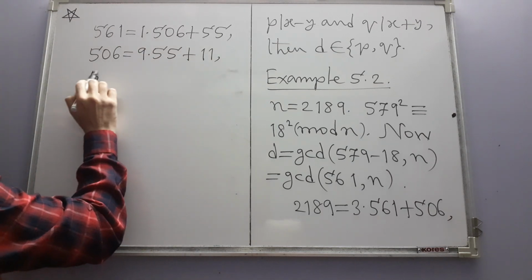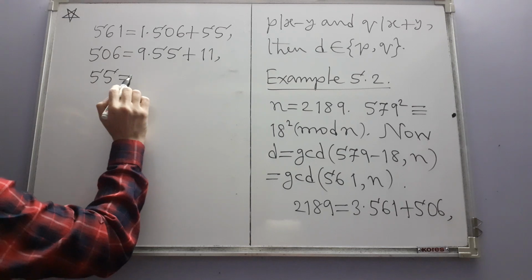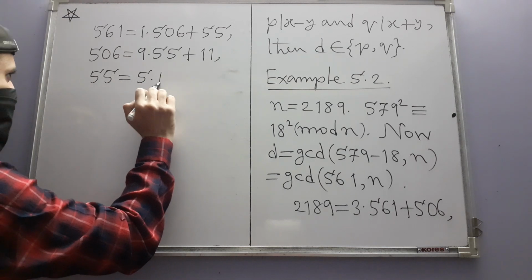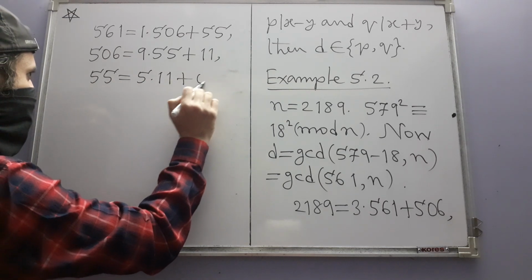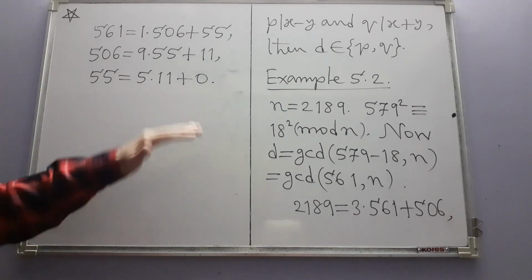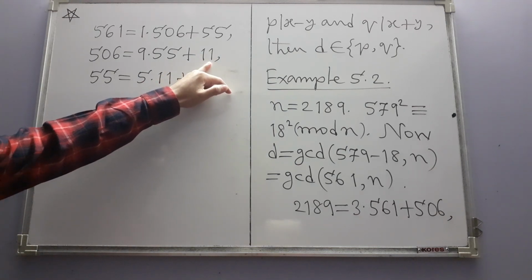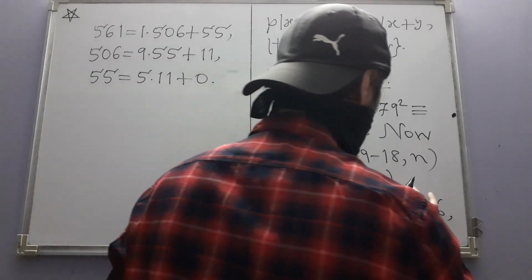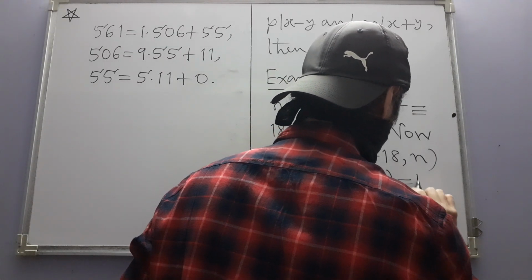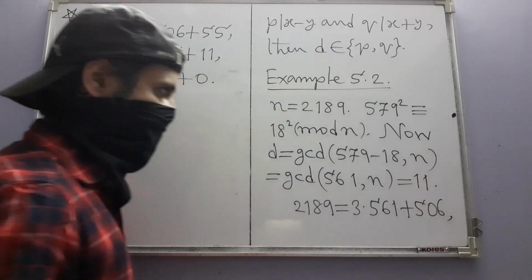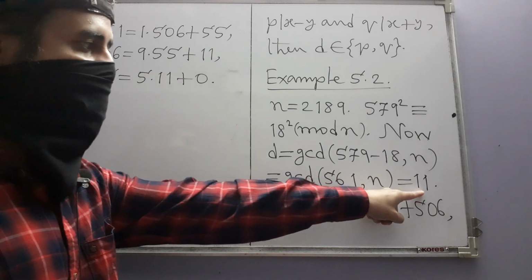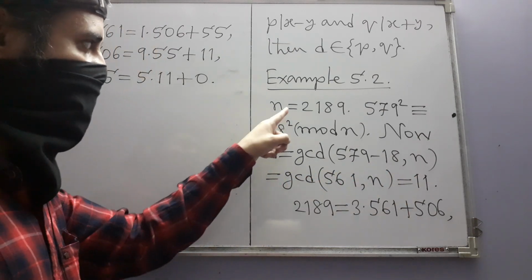And now you are almost there because 55 is divisible by 11. According to the Euclidean algorithm, the last non-zero remainder is your GCD. So that is why the GCD is 11. And luckily, this GCD is neither 1 nor n.